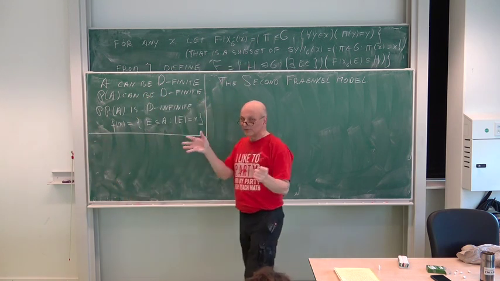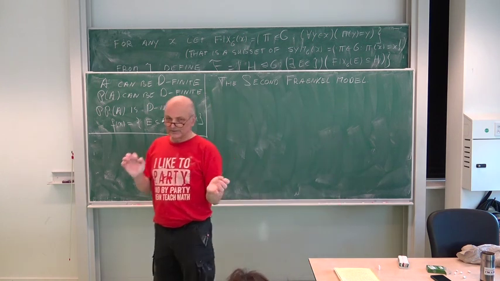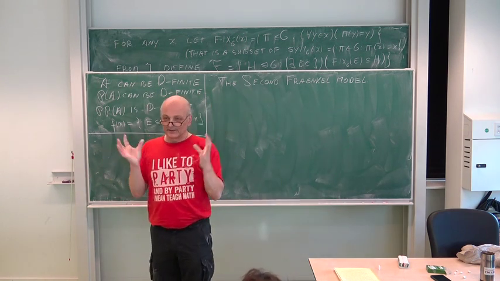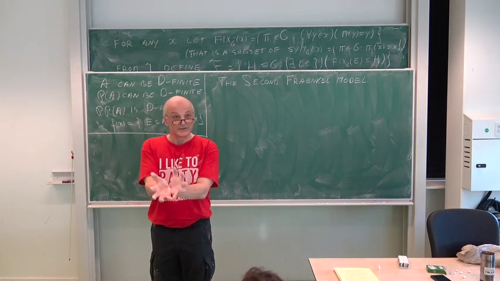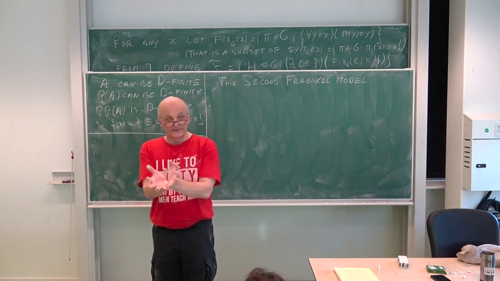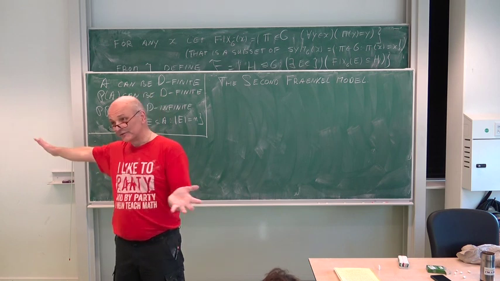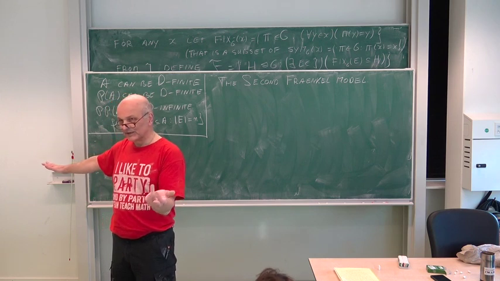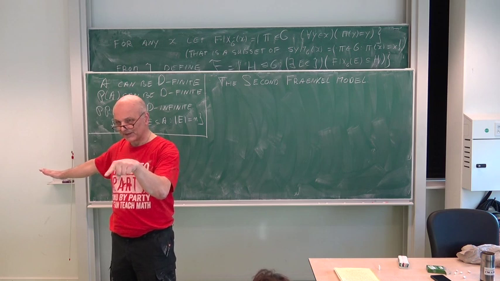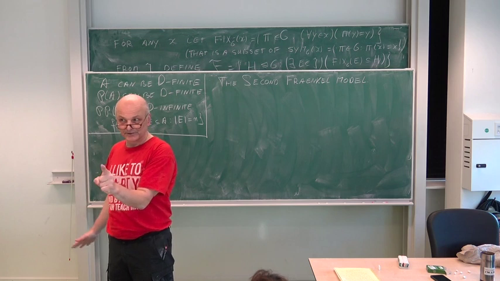In the next hour, and it will probably take some time, maybe next week as well, I will talk about a model where the set of atoms doesn't have a well order, so choice fails. But, and that was a question of Fraenkel's, every other set in the universe has a linear order. One of the exercises in the homework last week was that the set of atoms in the basic Fraenkel model doesn't even have a linear order.